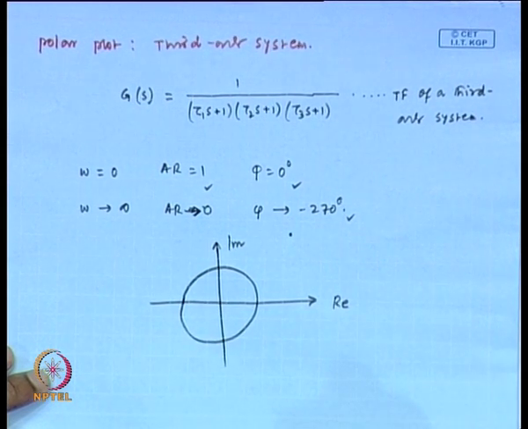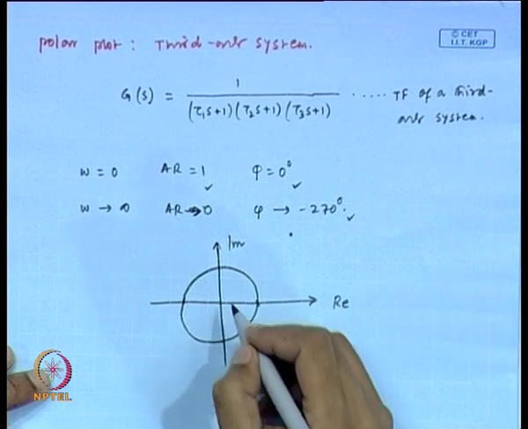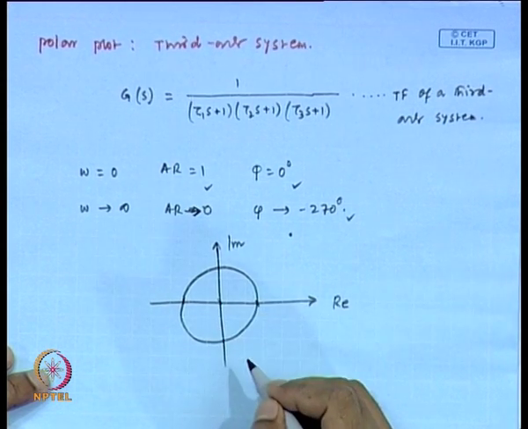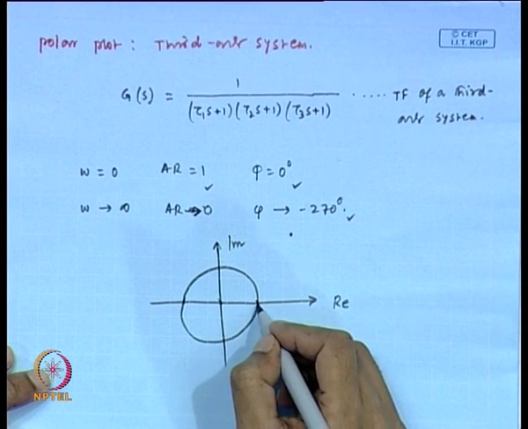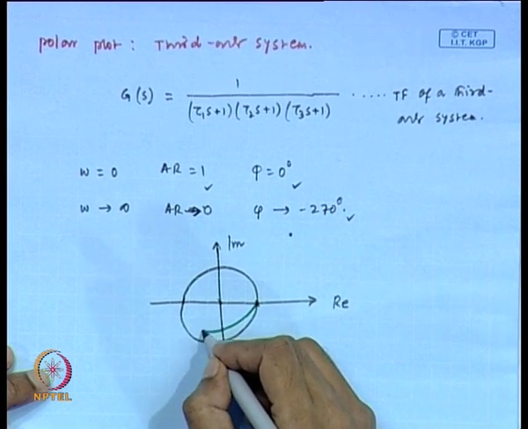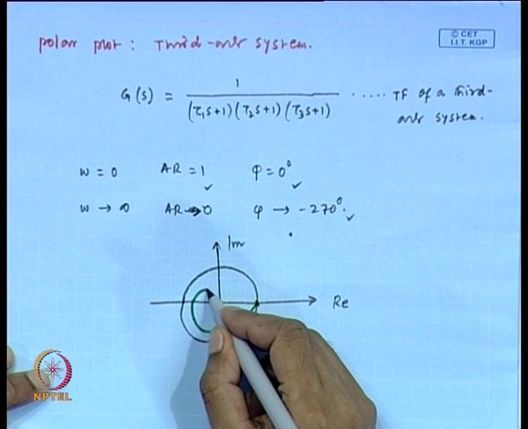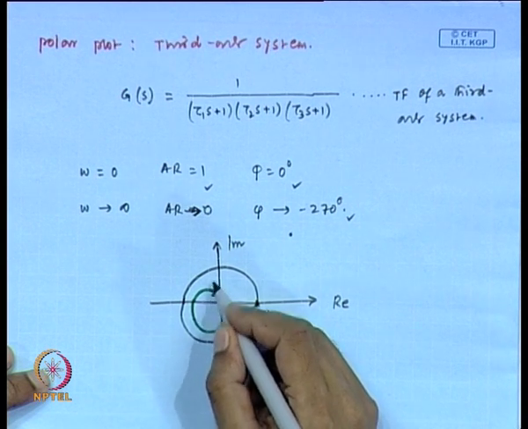This is a unit circle in the complex plane. Starting point is this one and end point is this one, and the polar plot we obtain like this.